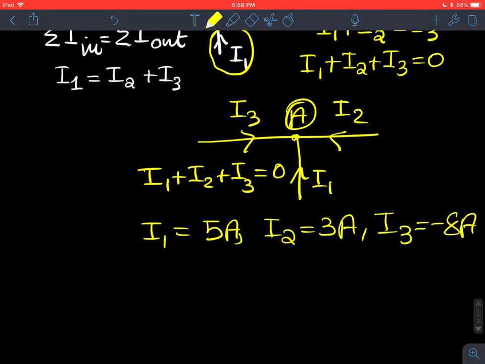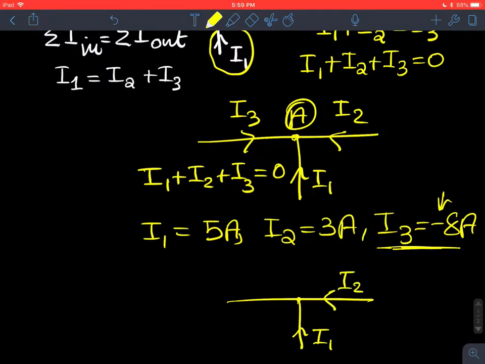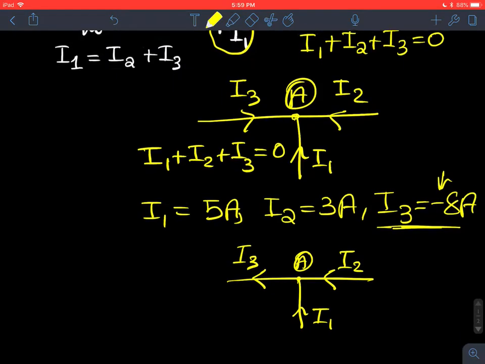So what this means is that you assumed the direction for I3 wrong, because there is a negative sign here. So the actual directions are I1 and I2. Since they're positive, then you assumed them right. And then you have I3 opposite to what you assumed before.